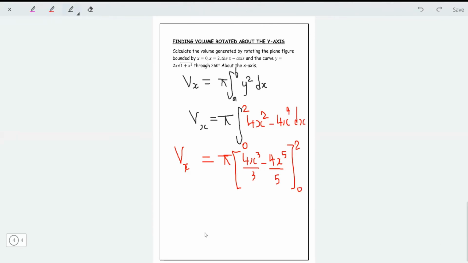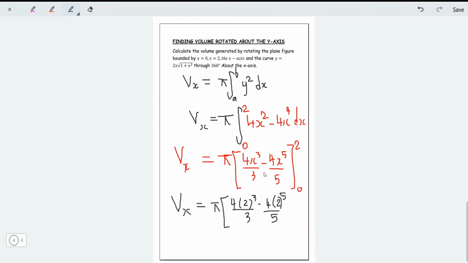So the volume around the x-axis is equal to, you have to plug in x equals 2 now, to get pi times 4 times 2 cubed over 3 plus 4 times 2 to the 5th over 5.